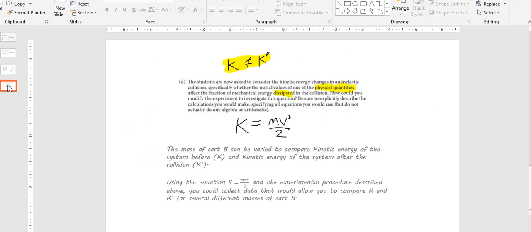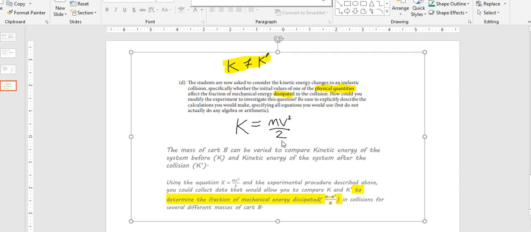Now for this last one, I think I only got 2 out of the 3 points. Here's why. It says affect the fraction of mechanical energy dissipated. I did not explicitly state that I would look at the fraction of each one. So here's the part I forgot. Using that equation, I'll put the mass of B can be varied.